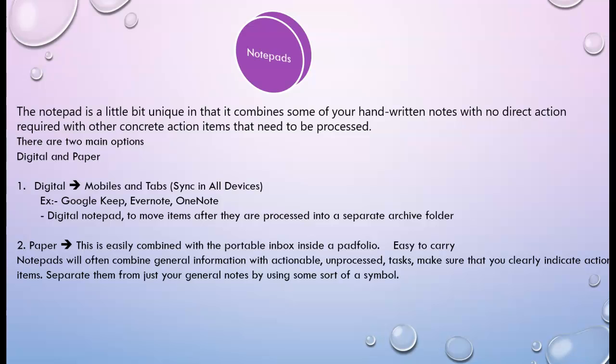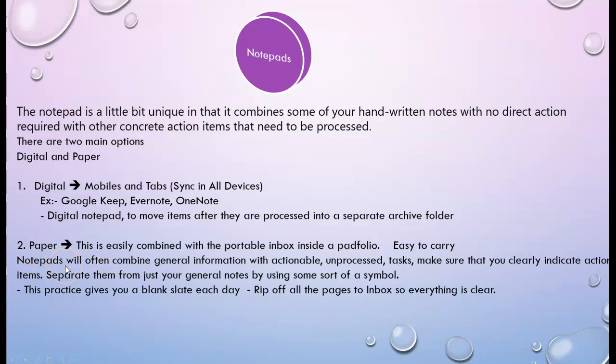Once we have actioned items, we would move them to the archive folder. The similar thing applies for paper, and there are different options. The first one is to simply make a unique identity for the actionable items, let's say a box, a text box, or a symbol like a dollar symbol or a euro symbol, something that draws attention so that this item gets processed.